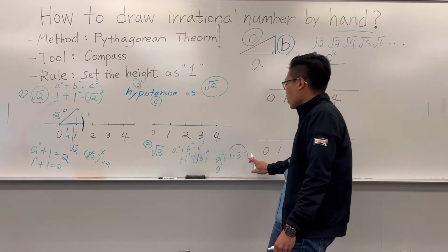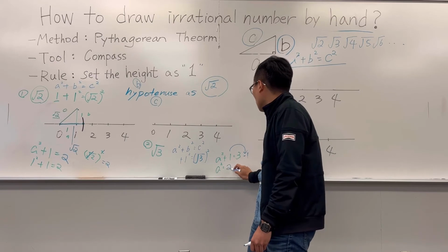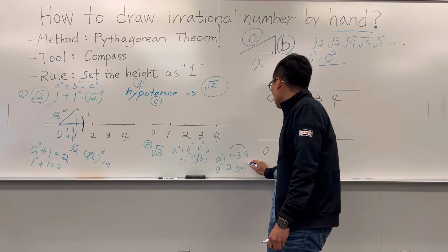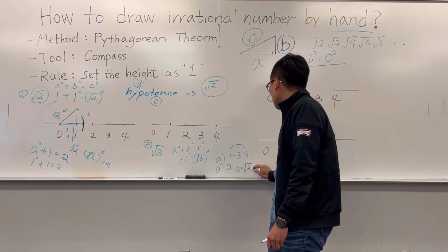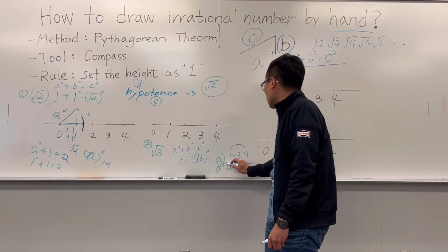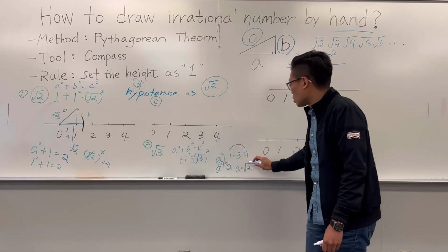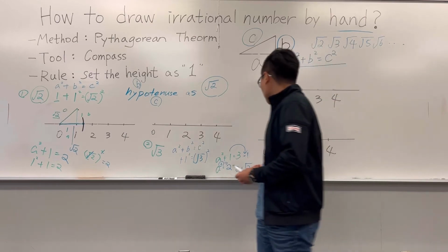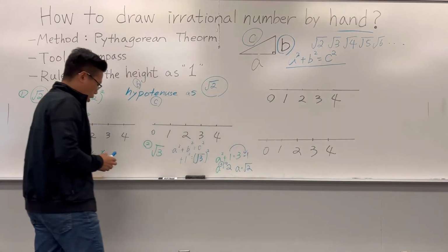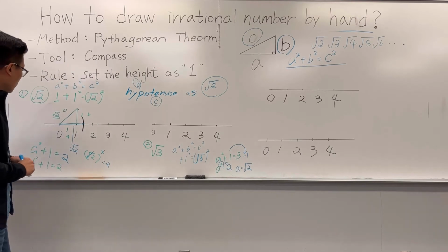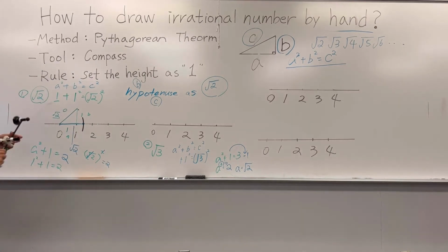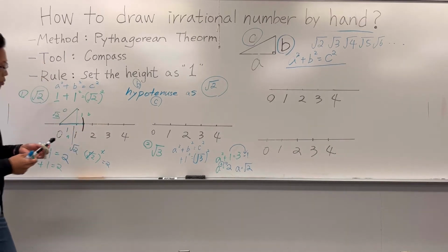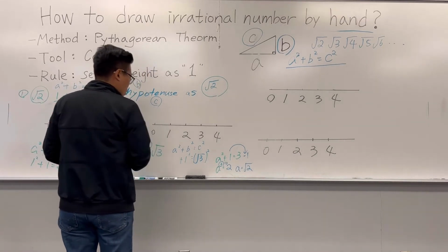So 3 minus 1 is 2, right? So a should be the square root of 2, because it's squared, and when you put it down, you need to put the square root on it. So a here is the square root of 2. One coincidence, we just got a length here that is the square root of 2. It's pretty cool, right?